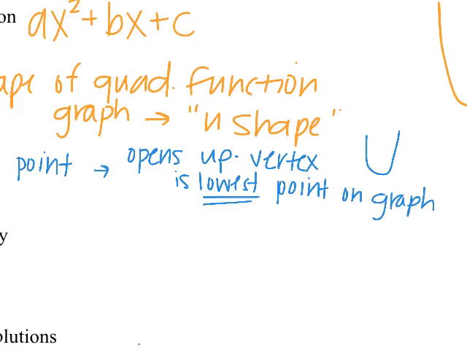So if the graph opens up, the vertex is going to be the lowest point on the graph. So what do I mean by that? Down here is the vertex. So it's the part where the graph starts making its U. Okay, so if I draw the vertex, I know that my graph is going to start going on a U shape on both sides of that vertex. Okay, so the vertex is just that single point that's the lowest if it opens up.